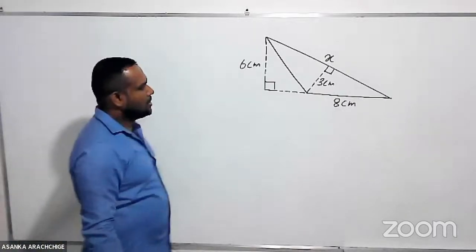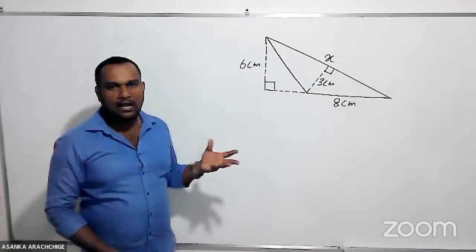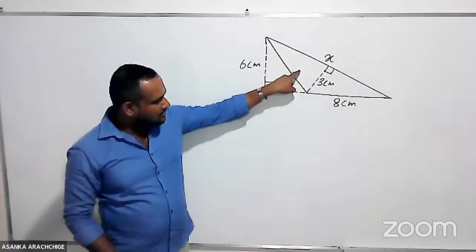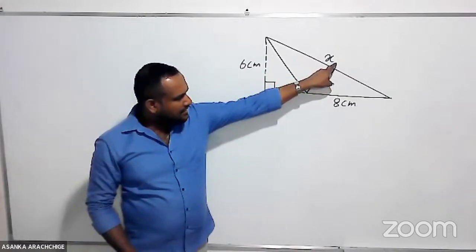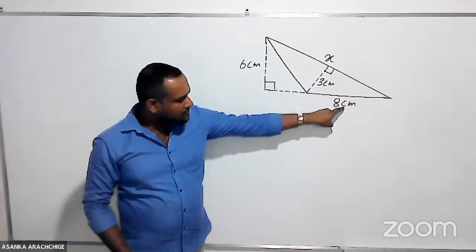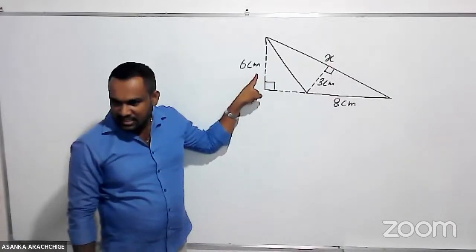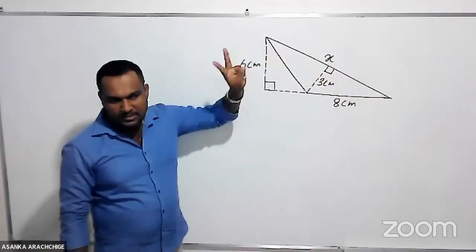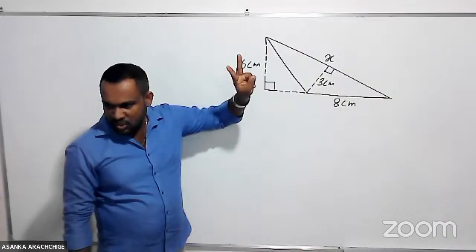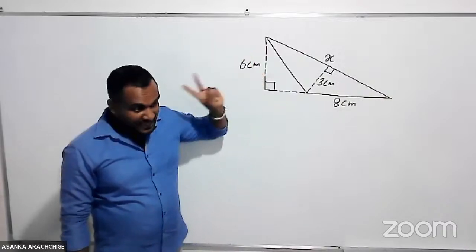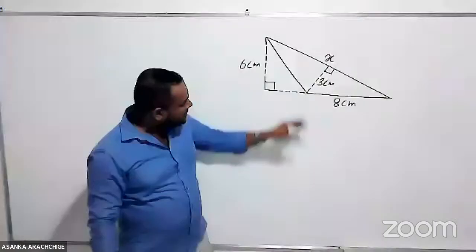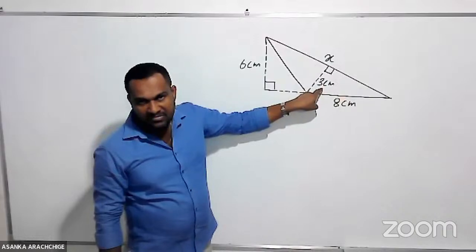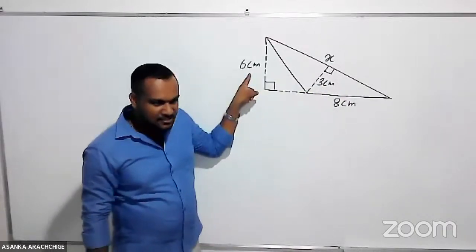Right. You can write two expressions for the area of this triangle in terms of x as well as in terms of these two values, no? You can write two expressions for the area of the same triangle in terms of x and 3 as well as 8 and 6, no?